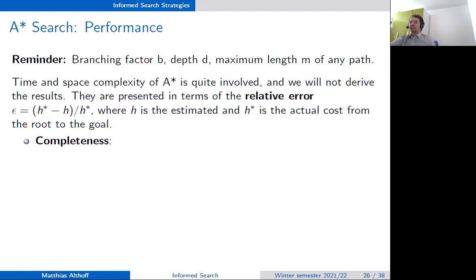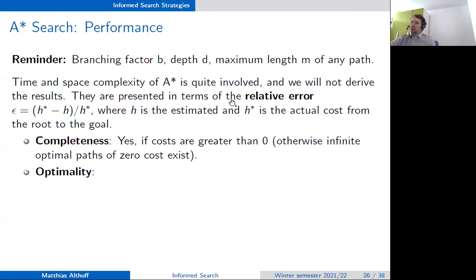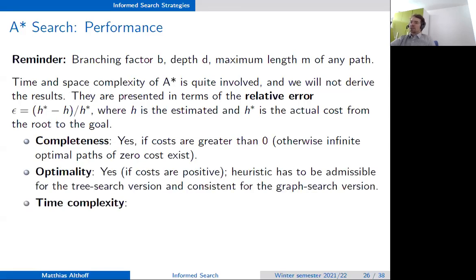So completeness. Of course, because it's an optimal algorithm, it also has to be complete if the costs are greater than 0, which is, of course, the case. Otherwise, you don't find any meaningful result. And it's optimal. We've designed it that way, of course, only if the costs are positive, and if the heuristic is admissible for tree search and consistent for graph search.